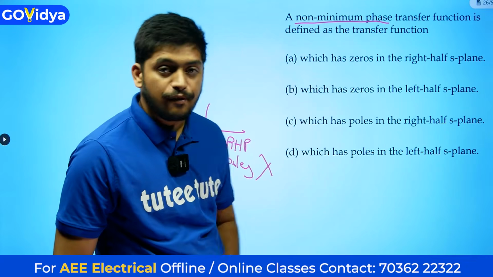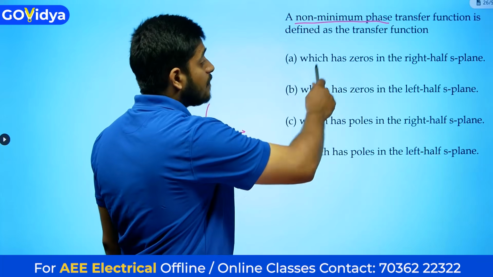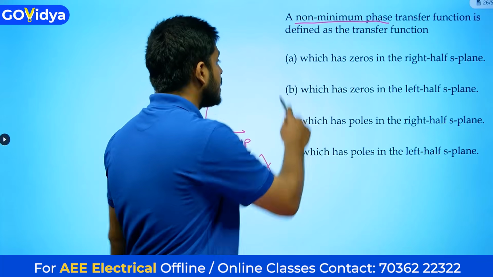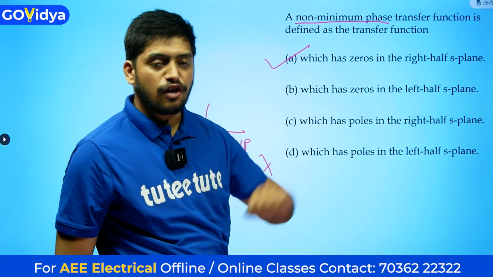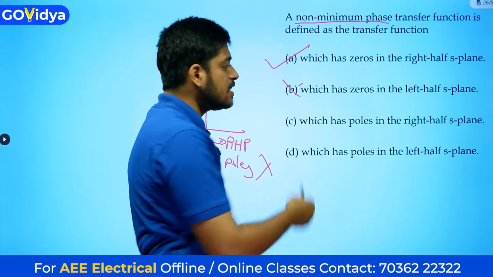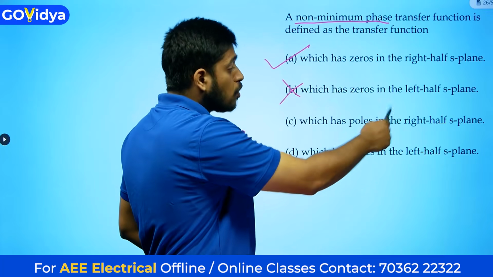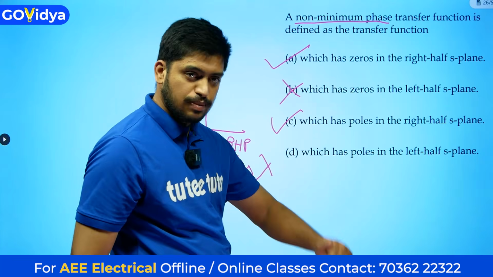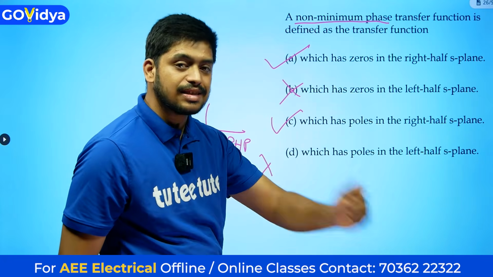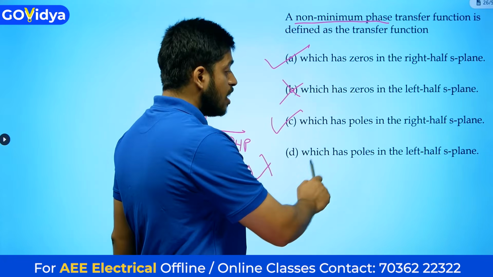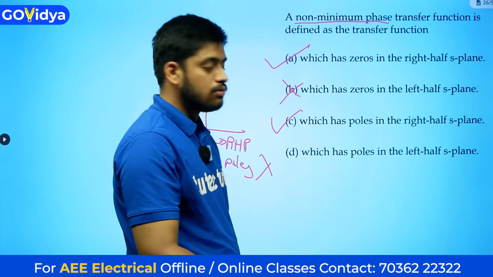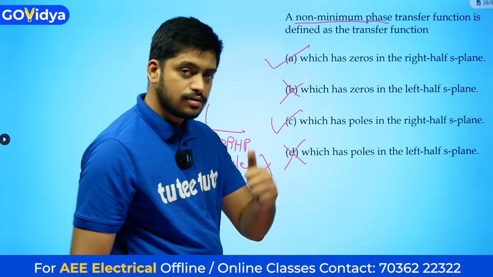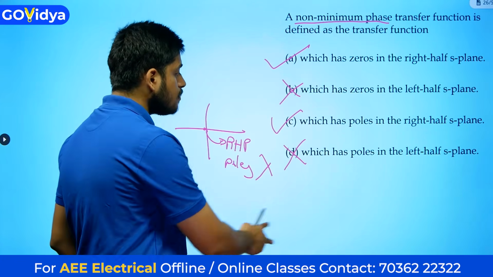So what is my non-minimum phase system? Is unstable system. Which has zeros in the right half of S plane? Right answer. Which has zeros in the left half of S plane? No. If it is the left half of S plane, it is a stable system. Which has poles on the right half of S plane? Yes. If poles exist in the right half of S plane, it is also a non-minimum phase system. Which has poles on the left half of S plane? No. When it is the left half, then the system is stable, not unstable.